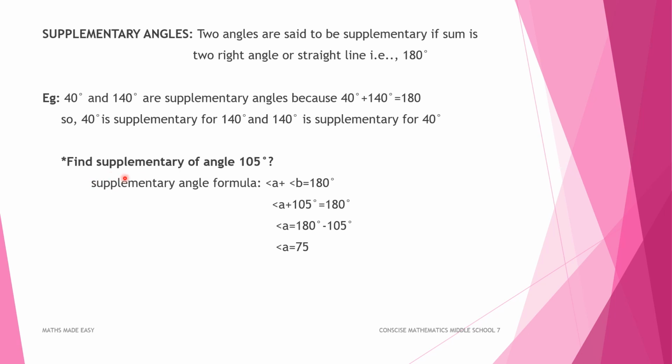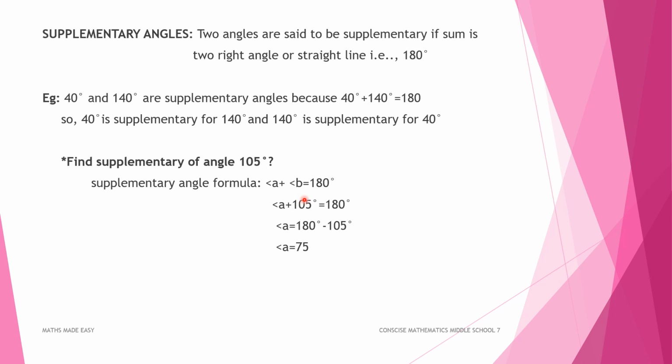Here, find the supplementary angle of 105. They are asking for the supplementary of 105. This formula we know: angle A plus angle B is equal to 180 degrees, right? They have given one angle. Just write it down in the place of angle B. Even in angle A you can write it, no issues.